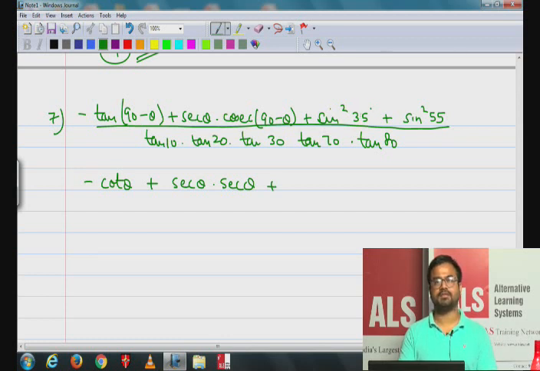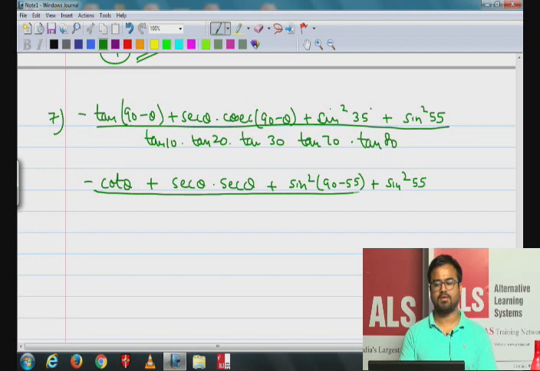We can write this 35 as 90 minus 55 also, whole divided by. Now in these terms 10, 20, 30, 70, 80, figure out which two angles form a complementary pair.